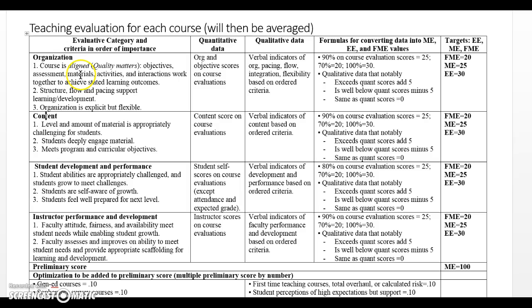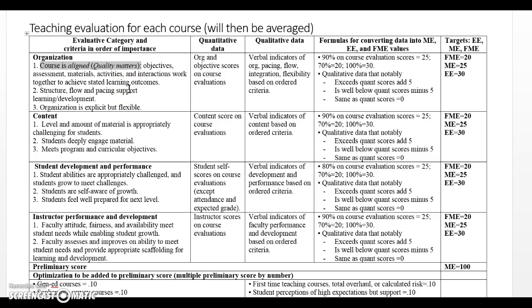Under these categories, I have criteria, and these criteria are in order of importance. These criteria are mine. I'm trying to pull from functions and criteria, but I'm also trying to articulate more clearly what I think course organization means. The first criterion is the course is aligned, and this comes from the Quality Matters rubric.